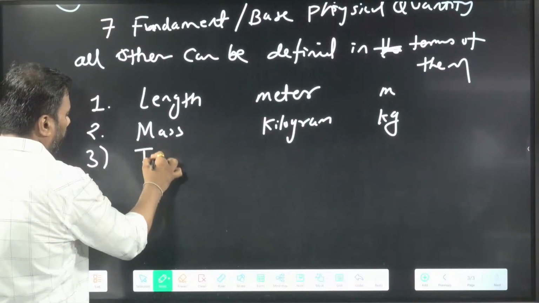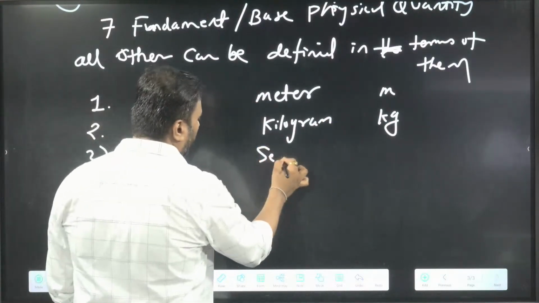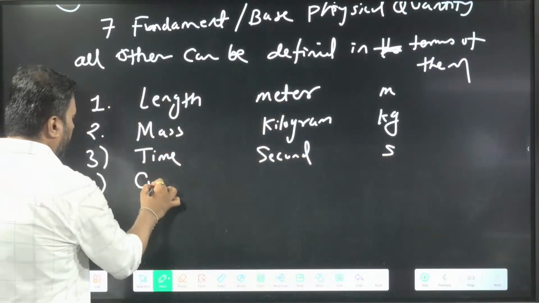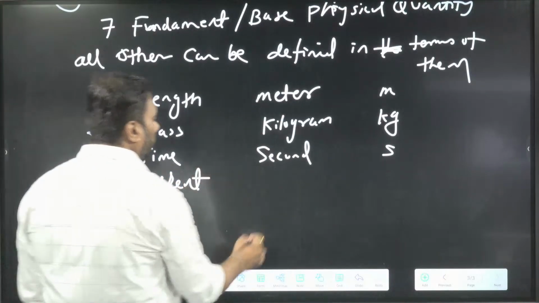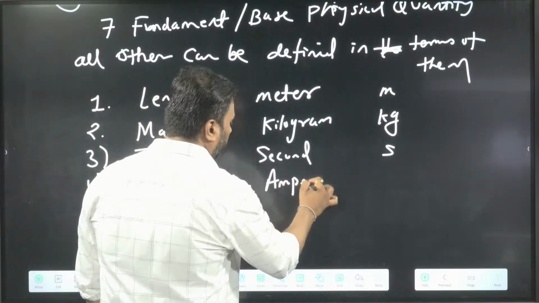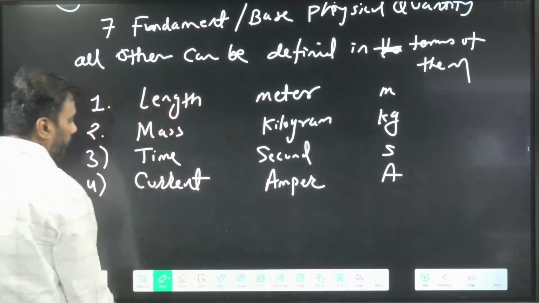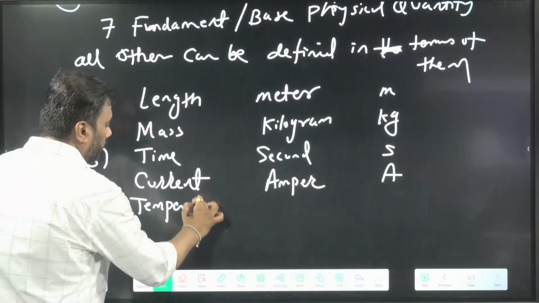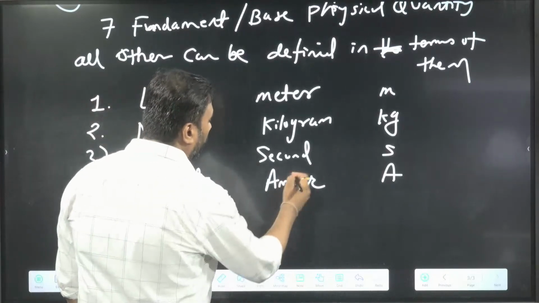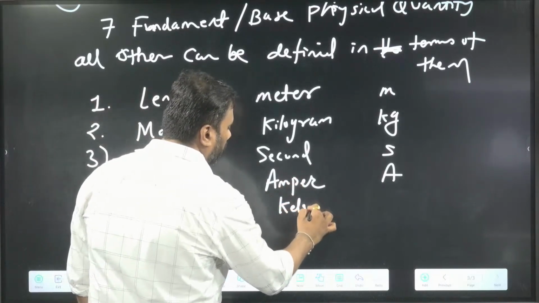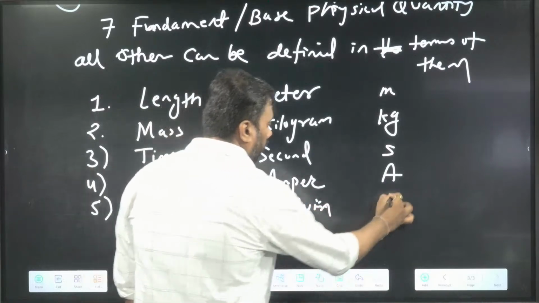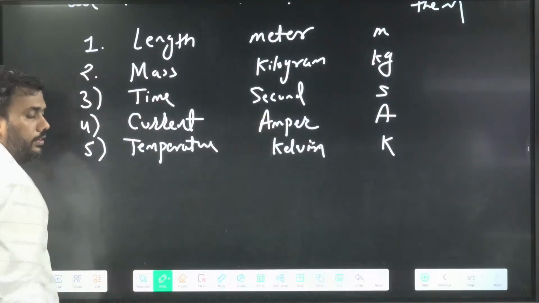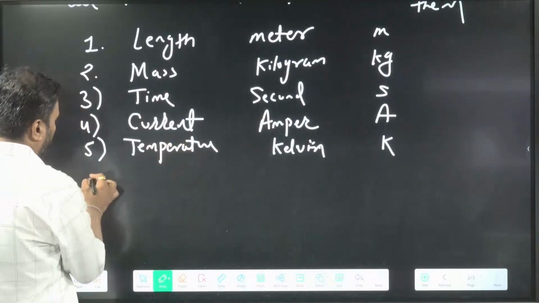Then the third is time. The unit is the second, symbol s. Fourth is current, ampere, symbol is only A. Fifth is temperature, kelvin, symbol is only K. Ampere and kelvin symbols are capital, all others are small.